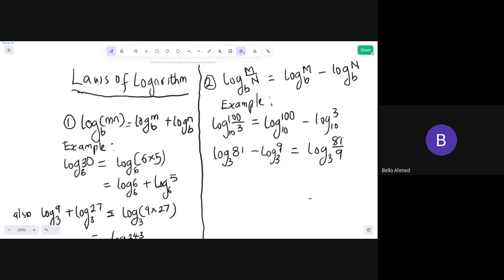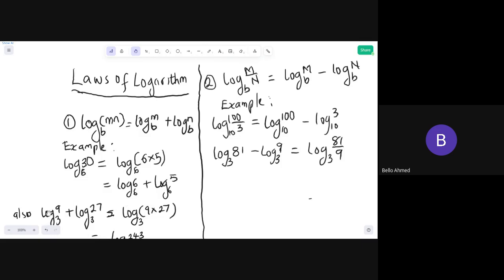Now, don't forget that we can also say that logarithm of 9 base 3 plus logarithm of 27 base 3 is going to give us what? Don't forget that logarithm of 6 times 5 up here is giving us logarithm of 6 base 6 plus logarithm of 5 base 6. So when you have it like this, as long as they have the same base, you can multiply the numbers together.